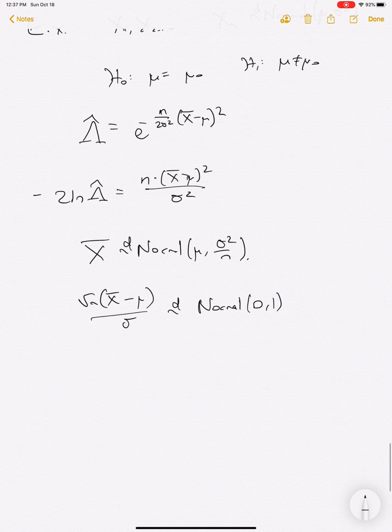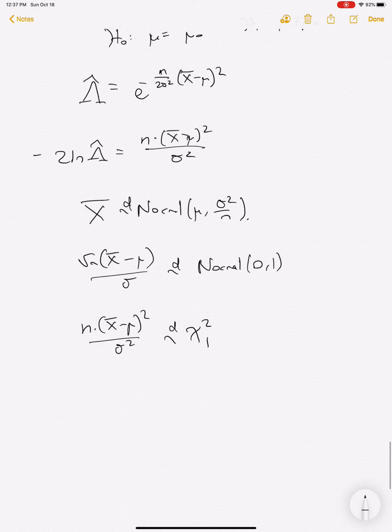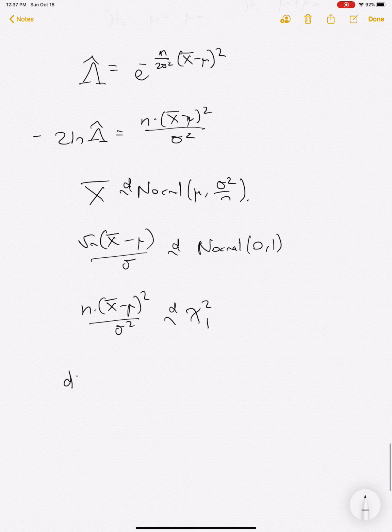And so if you square that whole thing, that's in distribution chi-squared 1. Just like a lot of asymptotic results, in the special case where you look at things being normal, the asymptotic result holds exactly. Here, as we derived earlier, d equals 1 because there's 1 degree of freedom. And so this shows that n times x bar minus mu squared over sigma squared is chi-squared 1.